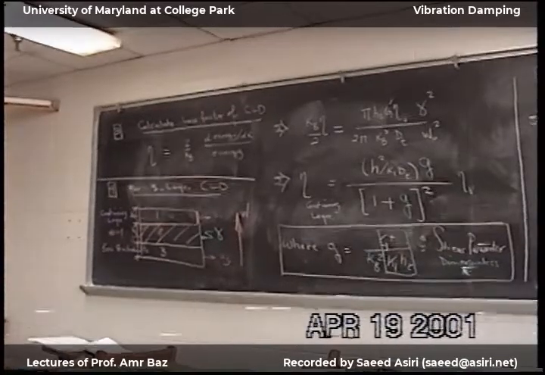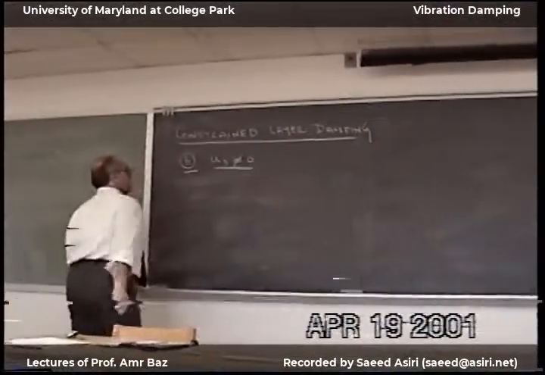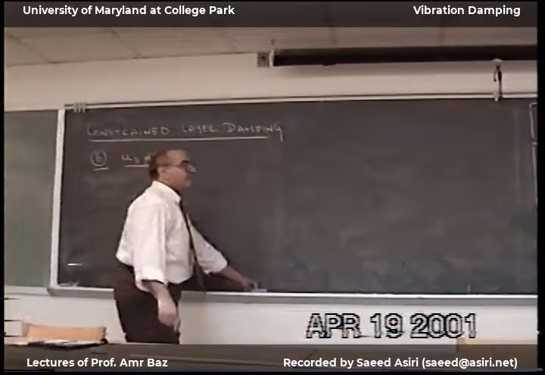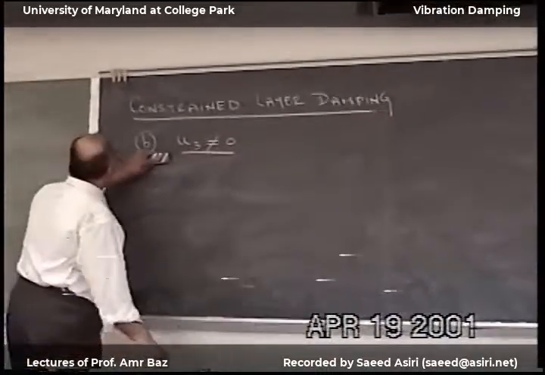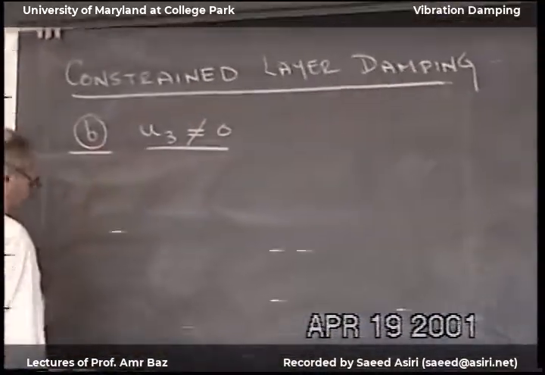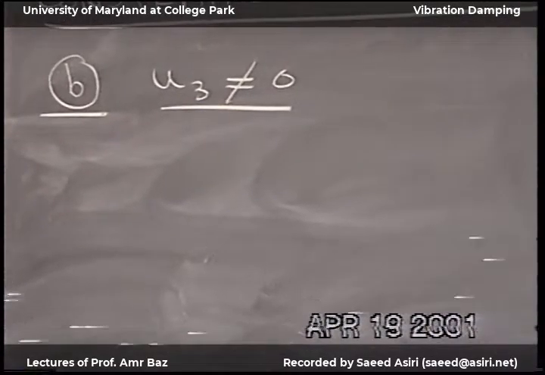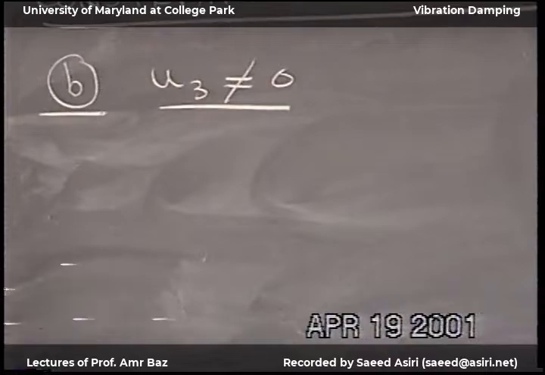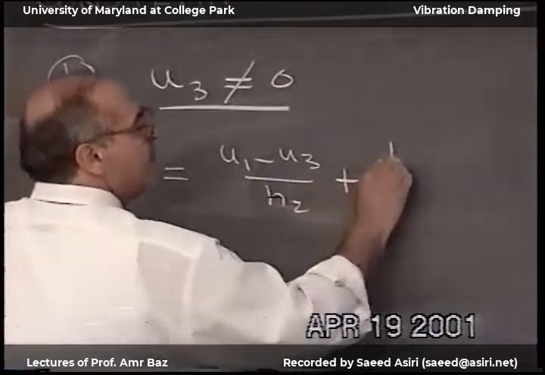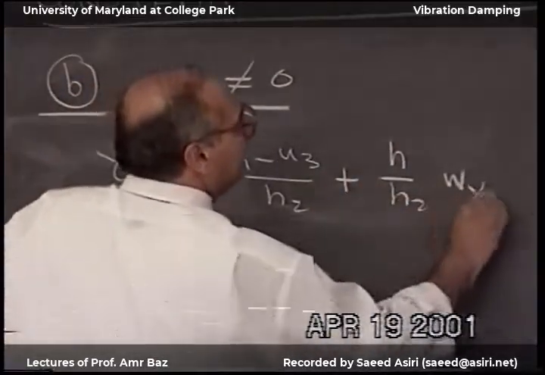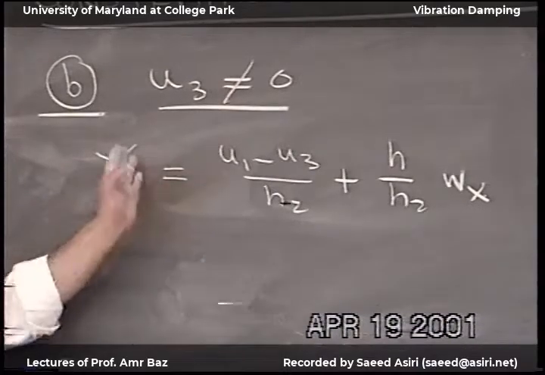Now, case B, when U3 is not equal to 0. Again, the starting point for this is the same as before. We have gamma is equal to U1 minus U3 H2 H over H2 Wx. I want to write U1 in terms of everything else.